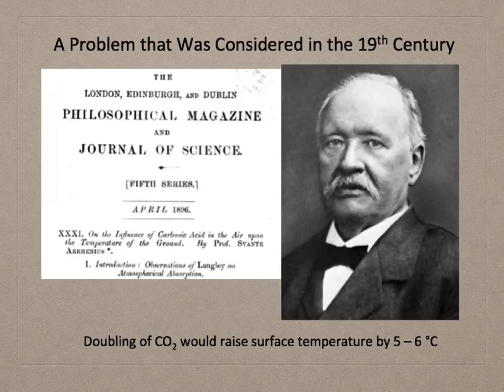Arrhenius also in the early 20th century wrote a book in which he stated that the burning of fossil fuels through the increase of greenhouse gases would warm the planet. So we have known about this effect from a scientific perspective, understanding the physics of it, for well over a century.